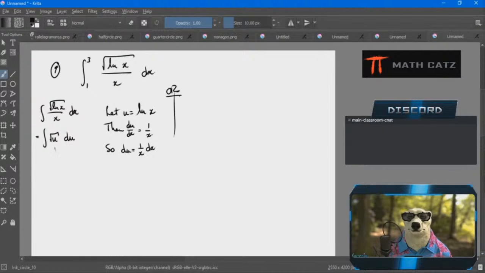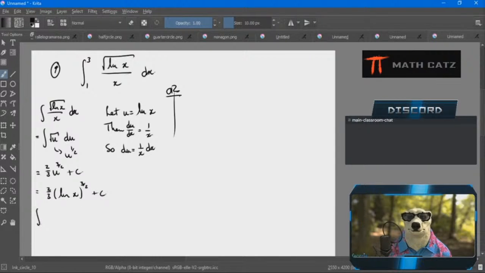Now that's u to the 1/2, which I can do a reverse power rule on as u to the 3 over 2 and 2/3 in front plus c. This method requires that I go back to x. It's going to be natural log of x, all of that to the 3 over 2.